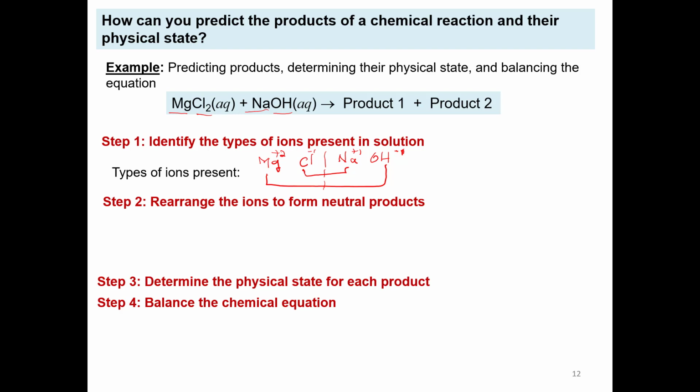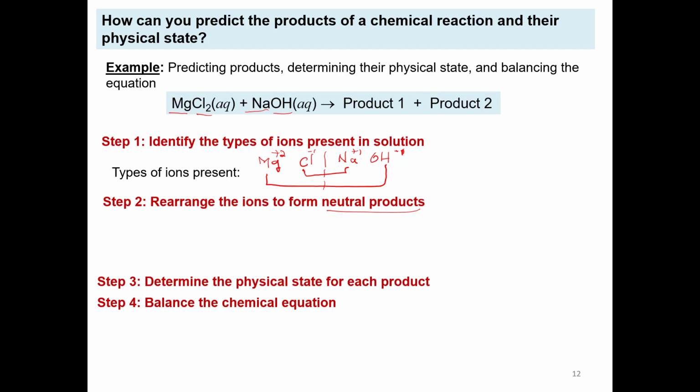And now we want to write what are the neutral products. Remember, when we write the ionic compounds, the first is the positive or the metal part, and then is the negative or the non-metal part.